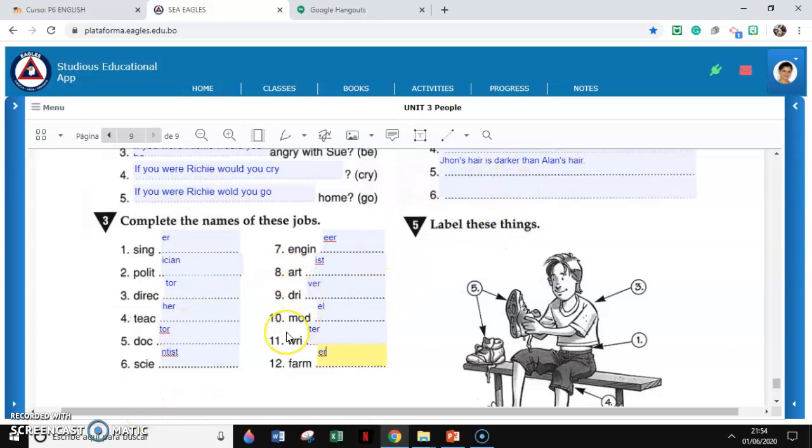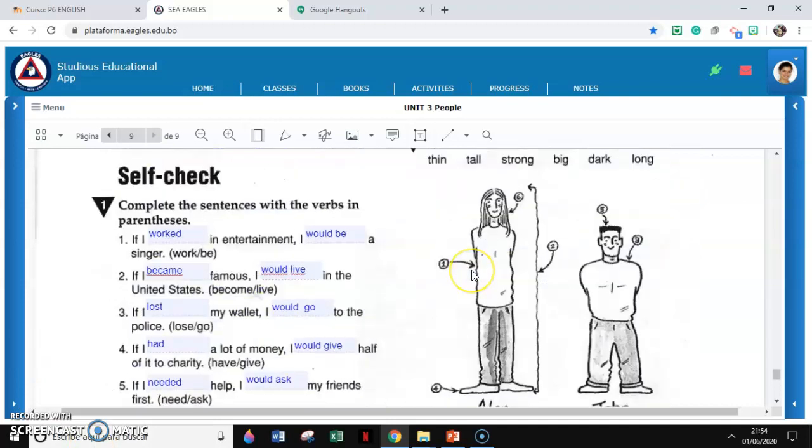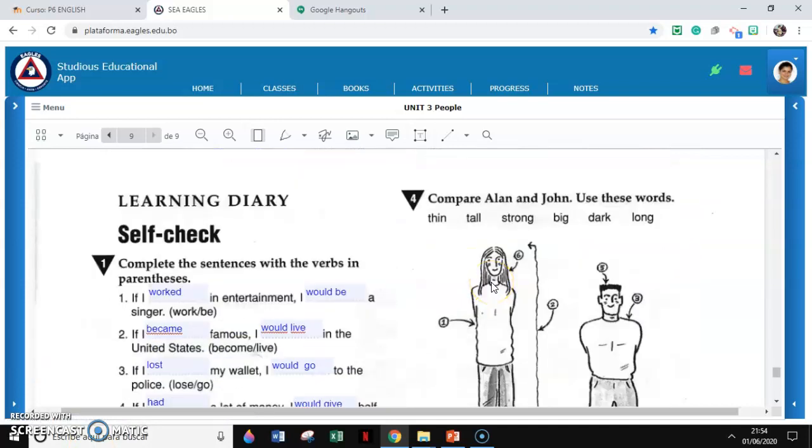So once you complete the names of these jobs, right, you need to move on to exercise 4. Compare Alan and John. Use the adjectives. Thin, tall, strong, big, dark, blonde are adjectives, right? What is an adjective?